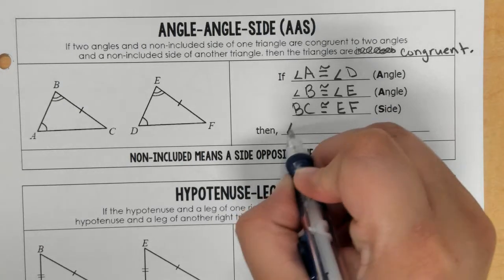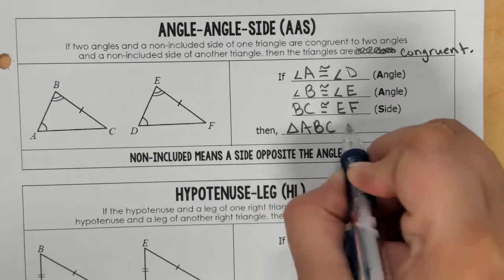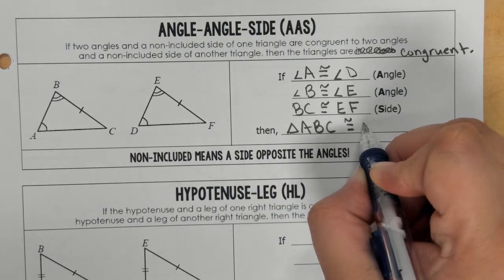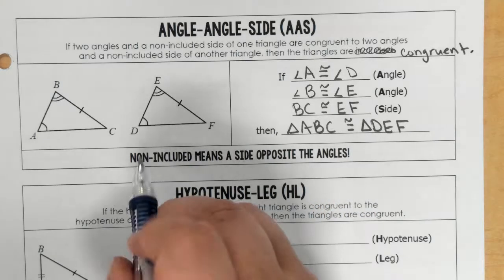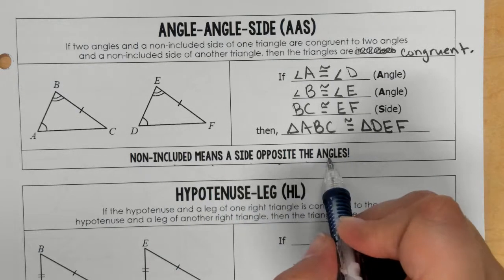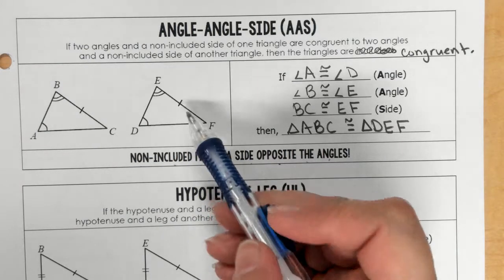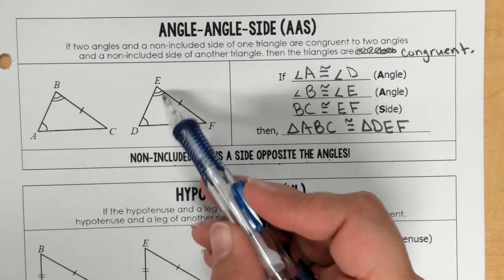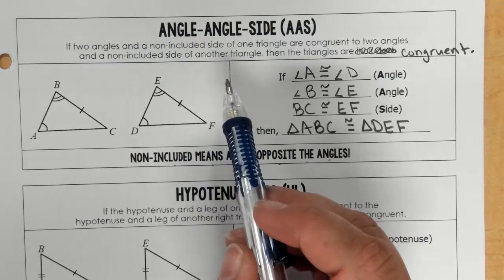If this is the case, then our triangles are congruent. The non-included means a side opposite the angles. Okay, so here's our two angles. The non-included is hanging off to the side there.